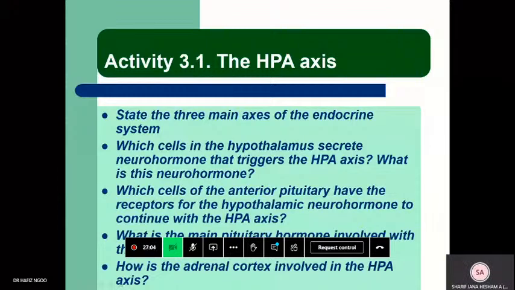ACTH. So ACTH is going to find its receptors. Where is it going to go then? Adrenal cortex. So this is where you have these hormones coming down from the anterior pituitary going to the adrenal cortex, right?